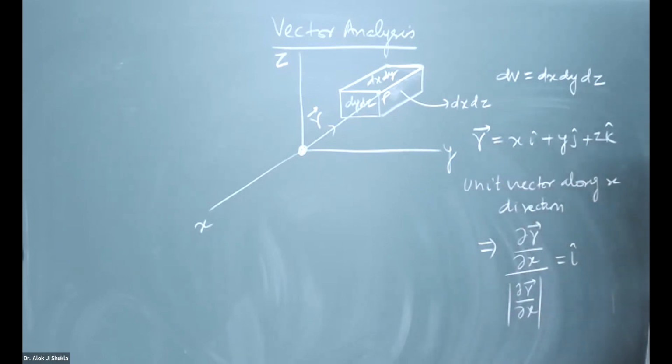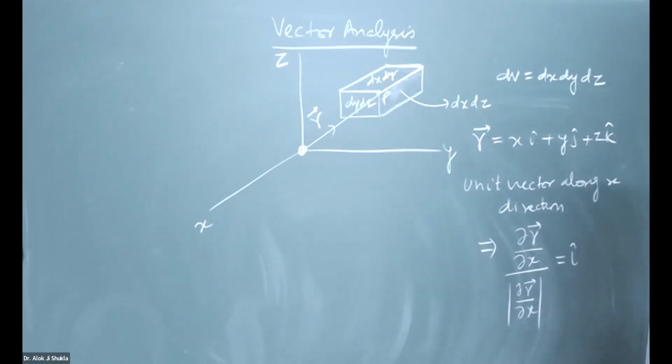Take the partial derivative, and whatever you get is i cap actually. That is a unit vector.